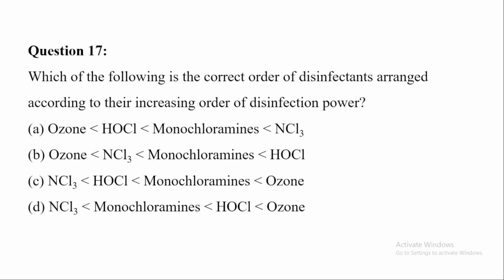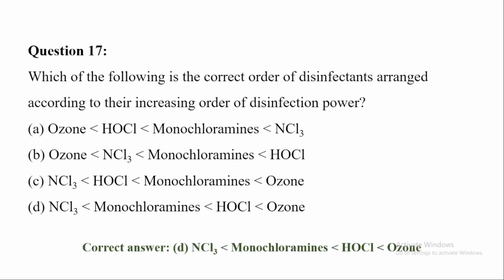Trichloroamines are the least powerful disinfectants. Then comes the monochloroamines, then the hypochlorous acid, and the most powerful disinfectant is ozone. What ozone does is, in water, it gets broken into oxygen and releases nascent oxygen.